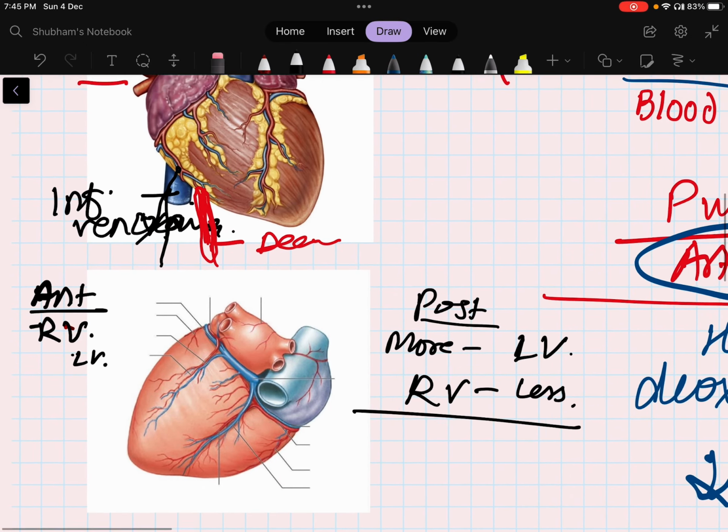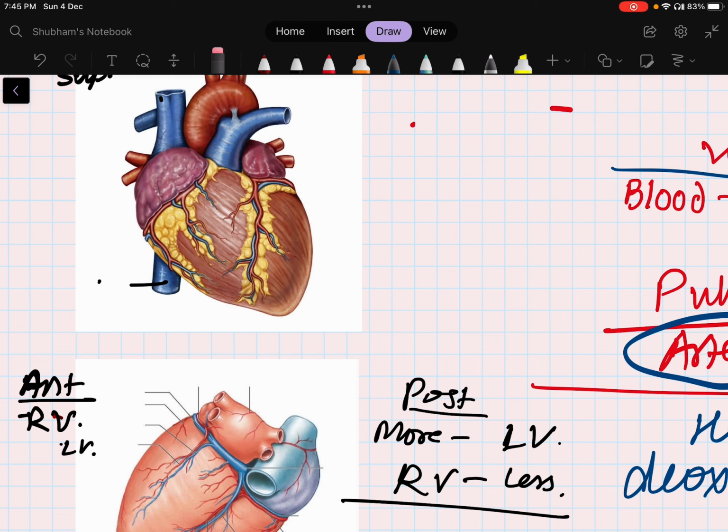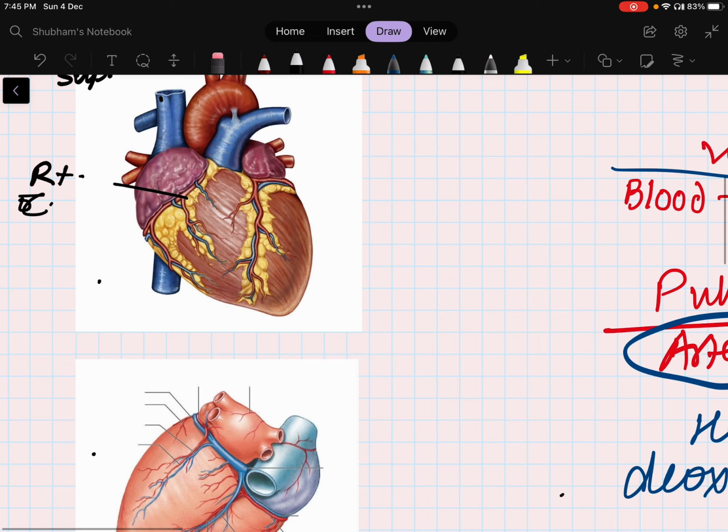All these arteries are supplying the blood, right? The right coronary artery. What does it supply?